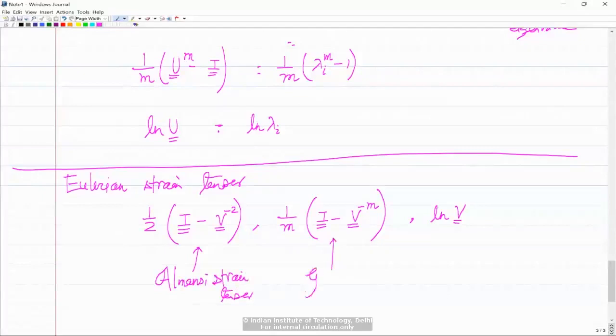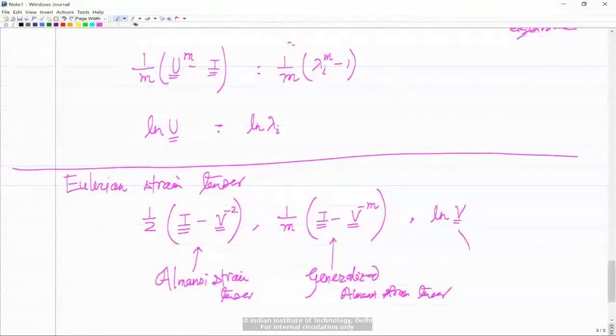And this is obviously the generalized Almansi strain tensor. And this is simply the logarithmic strain tensor.